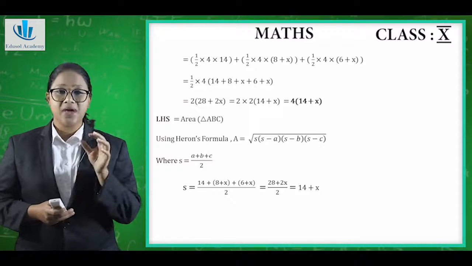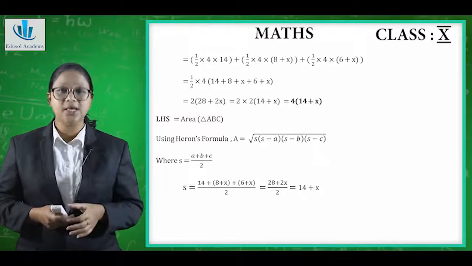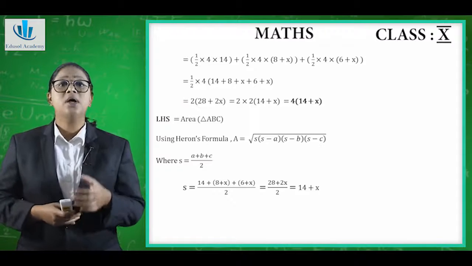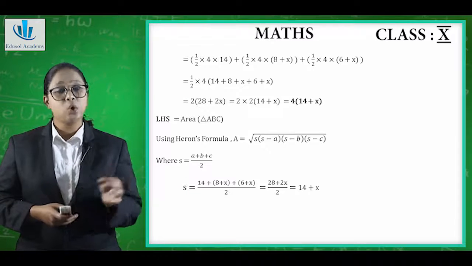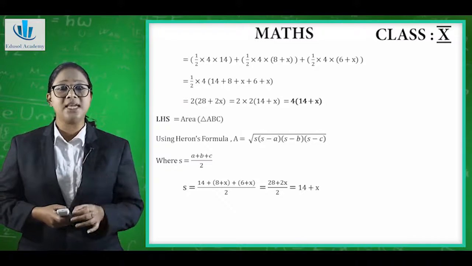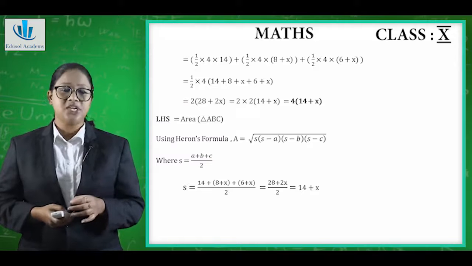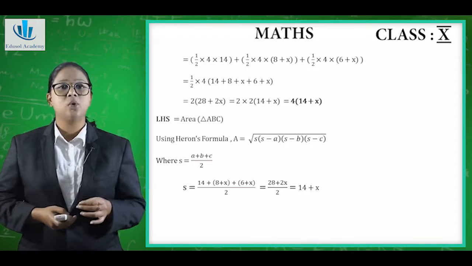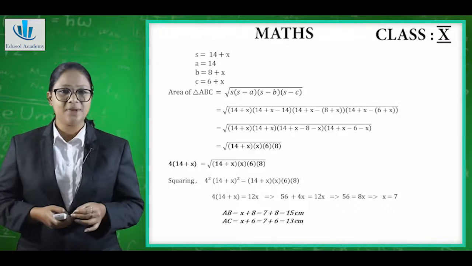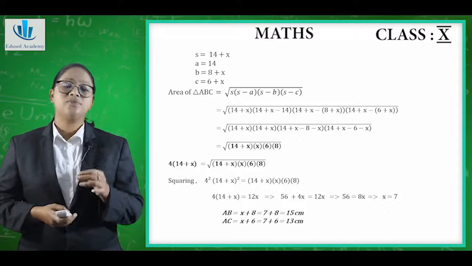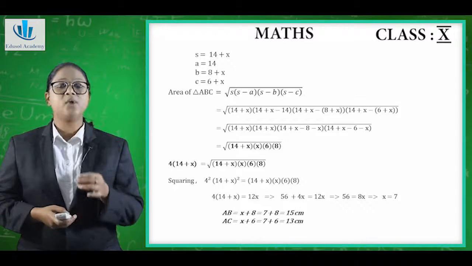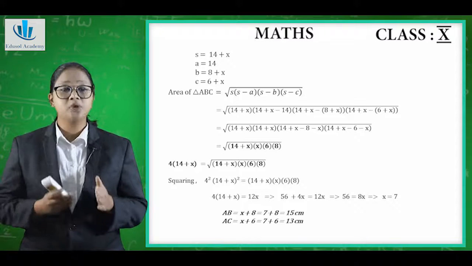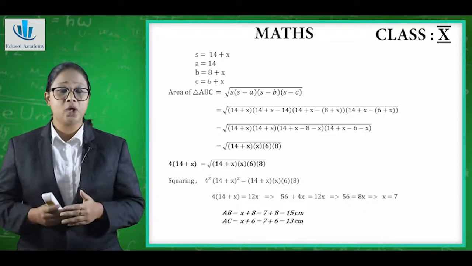So we will first find this S or semi-perimeter, that is equal to 14 plus 8 plus x plus 6 plus x whole divided by 2, and we will get S is equal to 14 plus x. Now we may list down those. S is equal to 14 plus x, A is equal to 14, B is equal to 8 plus x, and C is equal to 6 plus x. Now we may put it all in the Heron's formula equation.